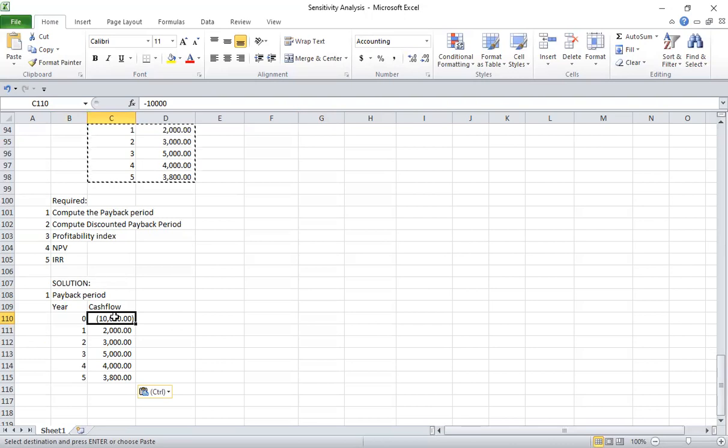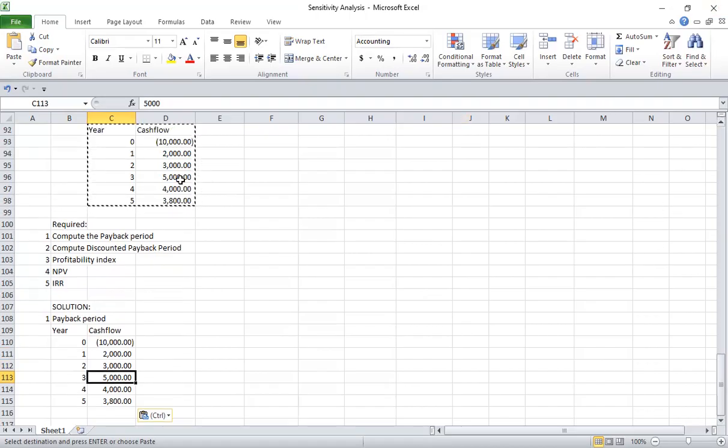And so how is this recovered? We shall need the cash flow for year one. We shall also need the cash flow for year two. And then, of course, full recovery happens in year what? Now year three. Allow me to change the cash flow for year three.